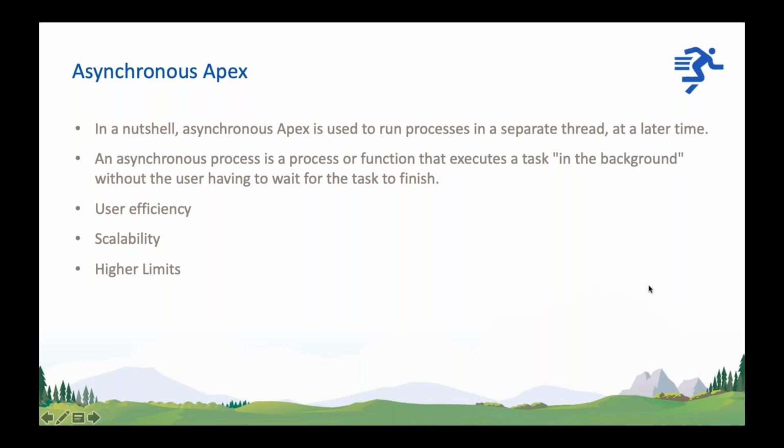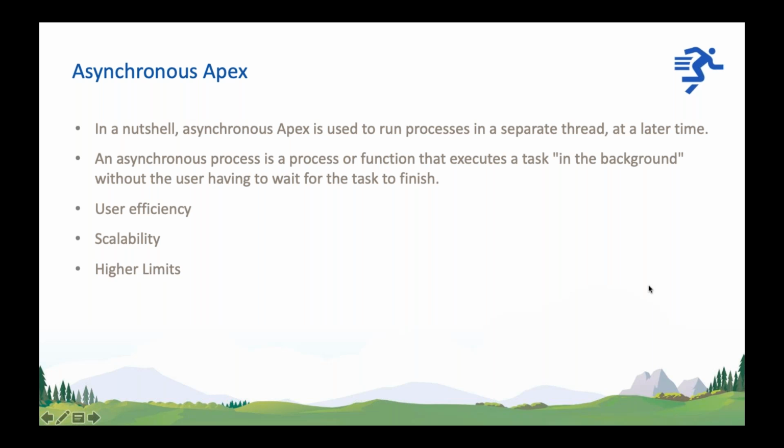So using asynchronous Apex, we can do that. There is something called batch Apex, which is very similar to cron jobs. So with scalability, we can increase our scope, our scale, and we have higher limits than the regular synchronous process.